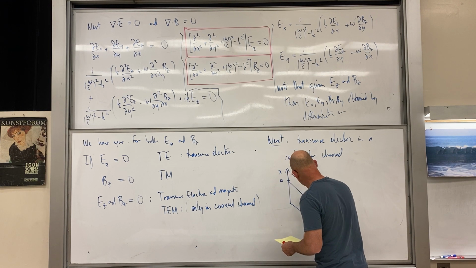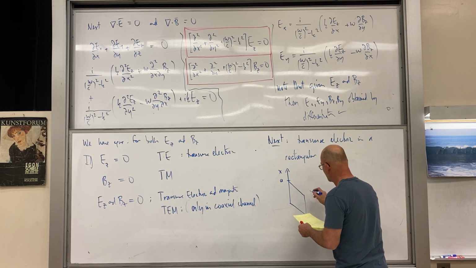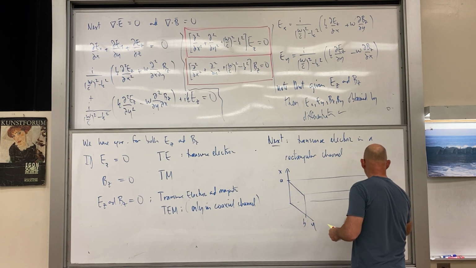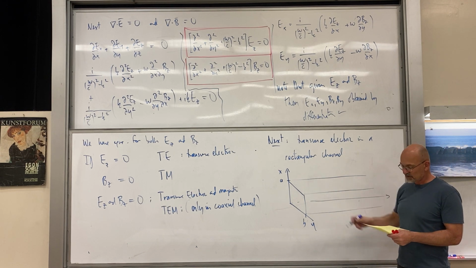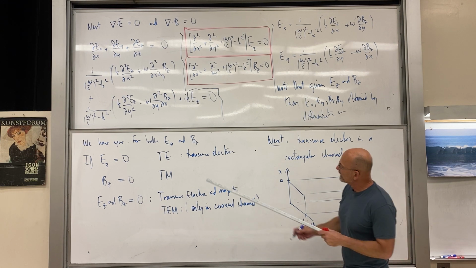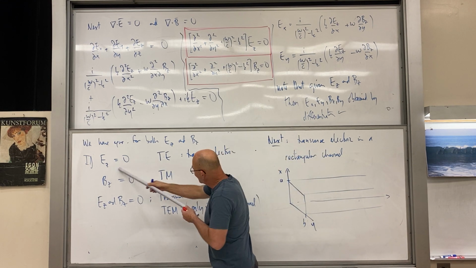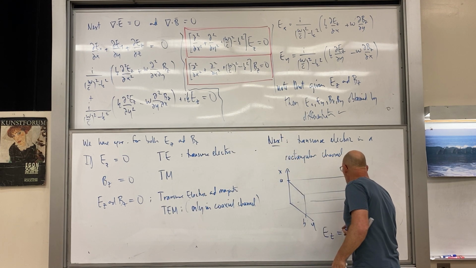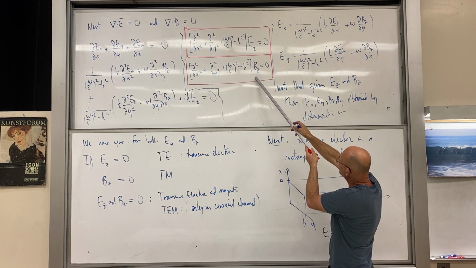So we go to a in the X direction, we go to b in the Y direction, and then this is just a channel in the Z direction. There's your rectangular channel. So, because we're taking the transverse electric, E_z is equal to 0, and we're looking at our equation for B_z.